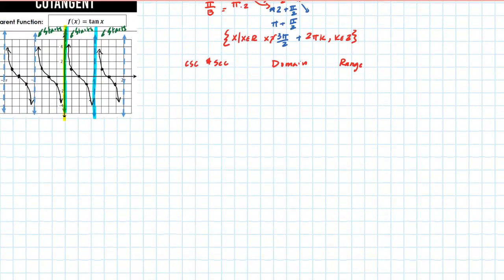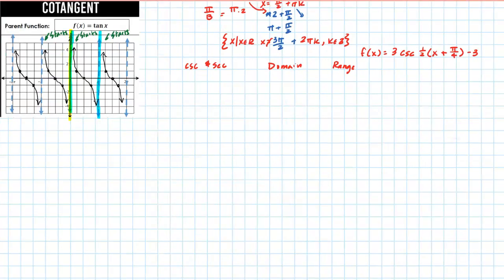So for example, we have f of x equals, let's go ahead and put, I don't know, 3 times, let's do a cosecant, and then 1/2 times x plus pi over 4 and minus 3, something like that.